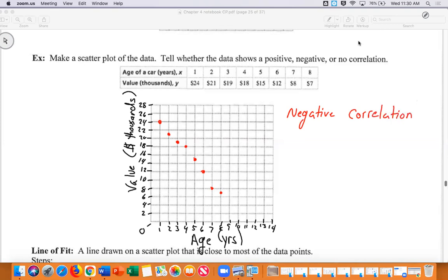But the other thing we notice here is that it's pretty tightly knit, Tyler. All the points are pretty close together. There are a little blips, right? Like right here, we're going down pretty close in a straight line, and then all of a sudden we get a drop right there. I'm not saying it's an outlier, because it's not an insane amount.